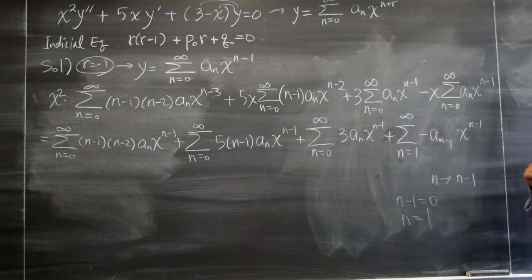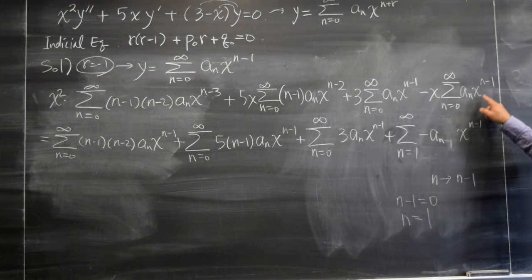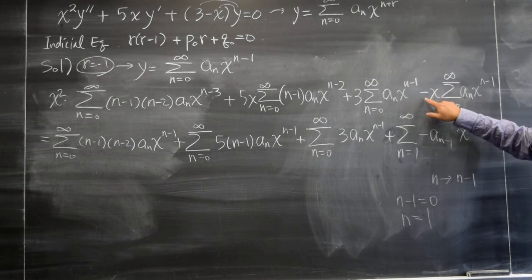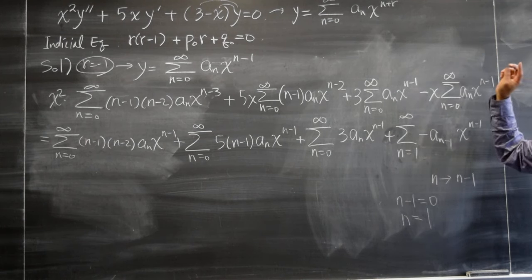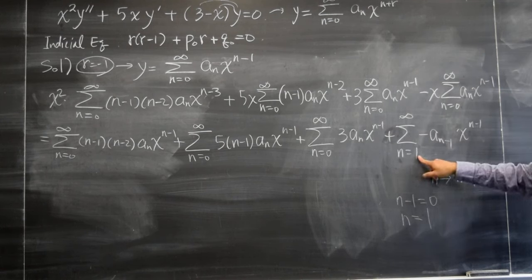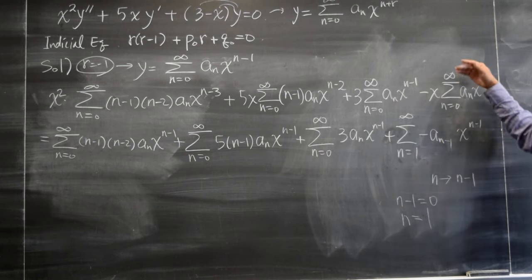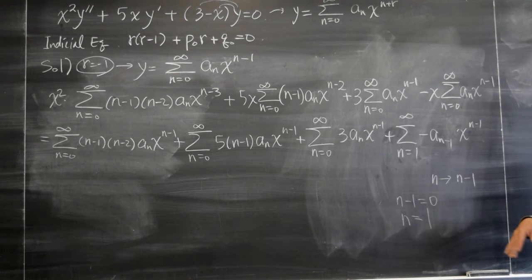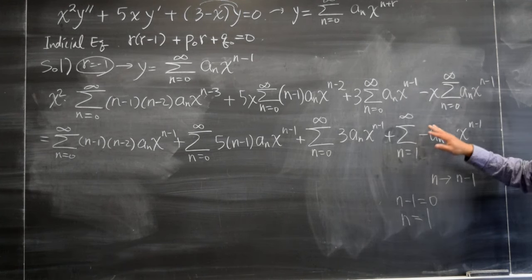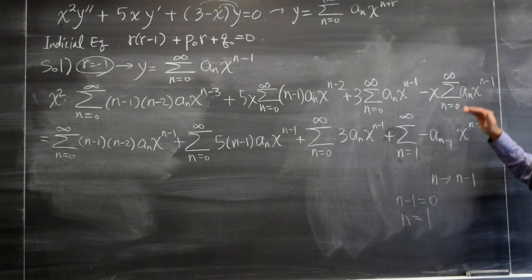If you're not sure if you shifted it correctly or not, one thing you can do is to actually write them out. So when n is 0, you get x to the negative 1 times a_0 times negative x. Multiply that out. And when n is 1, you get negative a_0 and x to the 0th power, right? See if they match. They should exactly match, because we're not replacing one by something totally different. They should be producing the exact same terms.